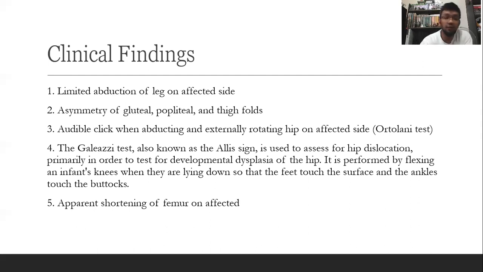Now, if the nurse or the physician sees that there is a symmetry of the knees, that is the Galeazzi sign or test or Alice sign.